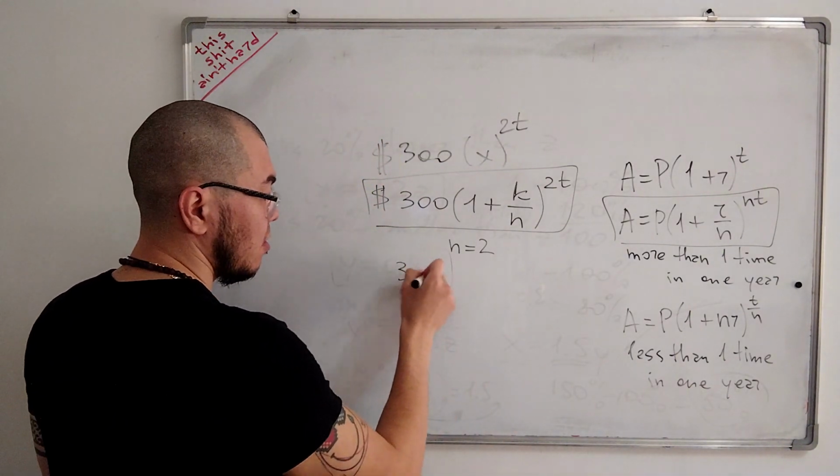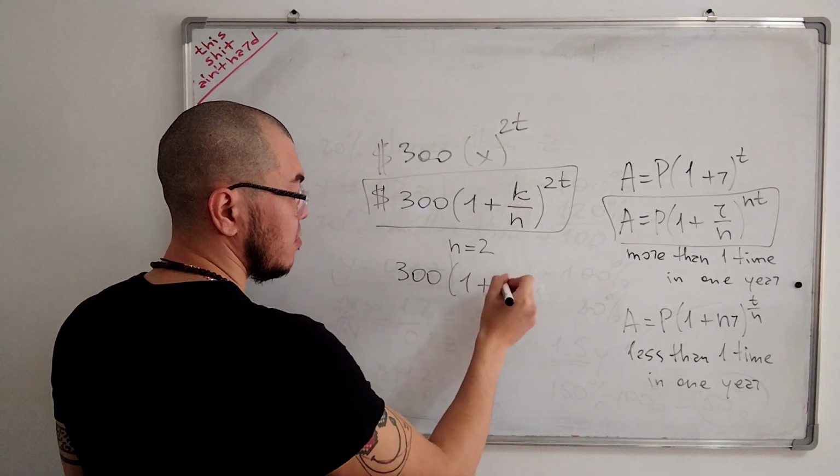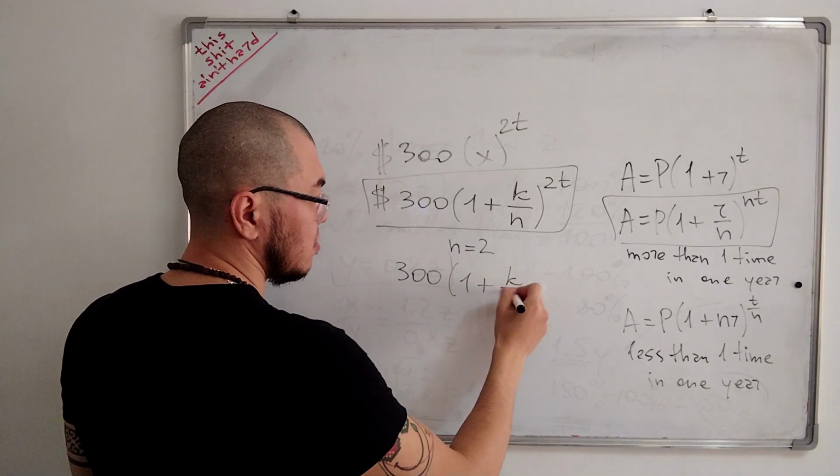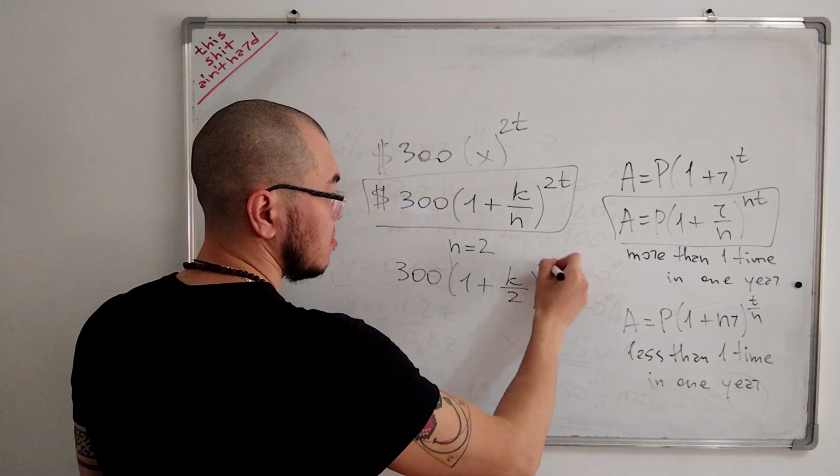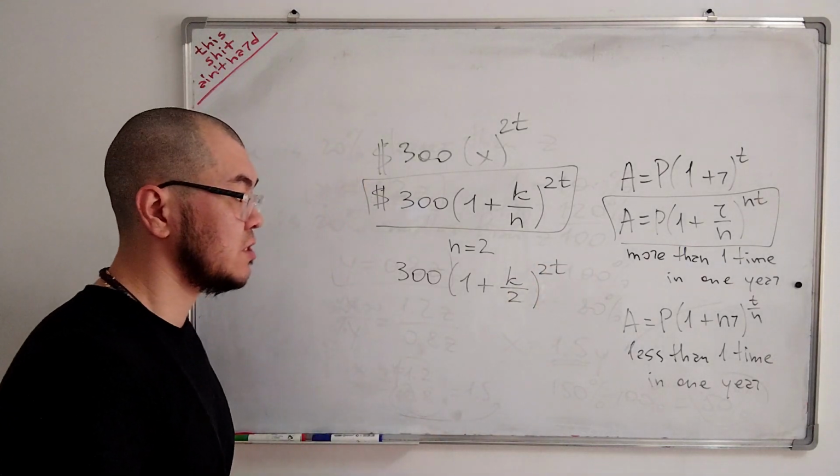So we have 1 plus k over 2 to the power of 2t.